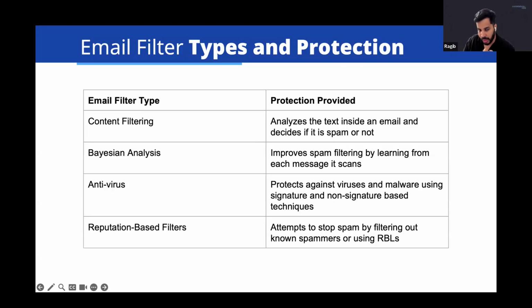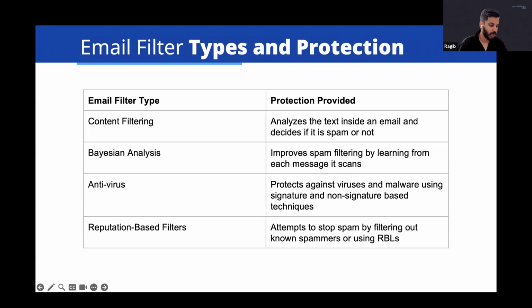And finally, reputation-based filtering works like a digital blacklist. They maintain a database of known spammers, malicious IP addresses, and suspicious IPs, right? So if an email comes from a source with a bad reputation, it basically gets blocked automatically. Also, sometimes companies without a very big digital presence might get their emails blocked as well. It might end up in your spam folder.